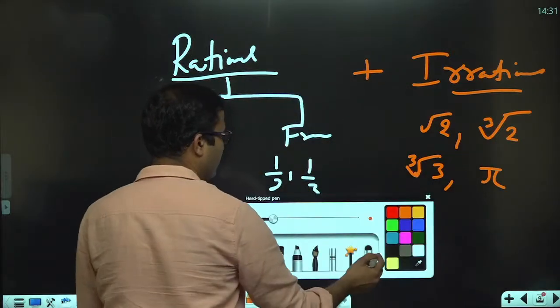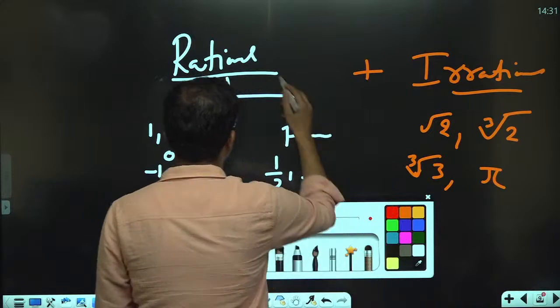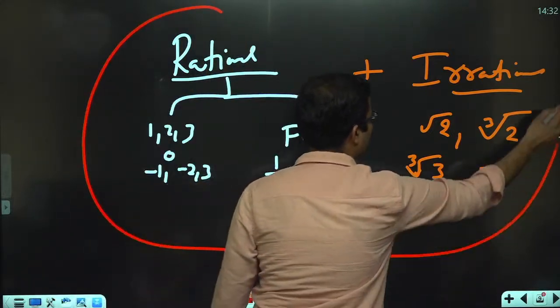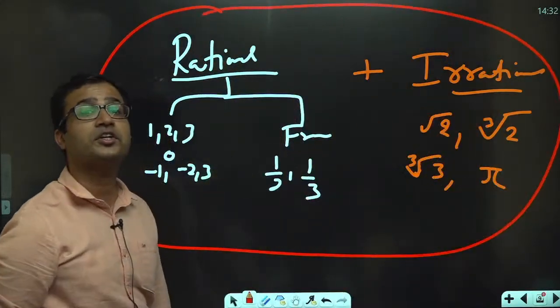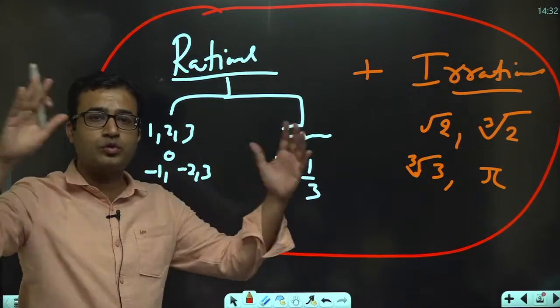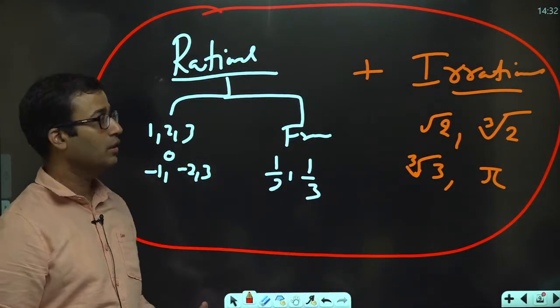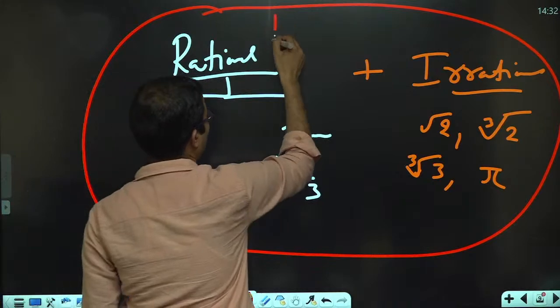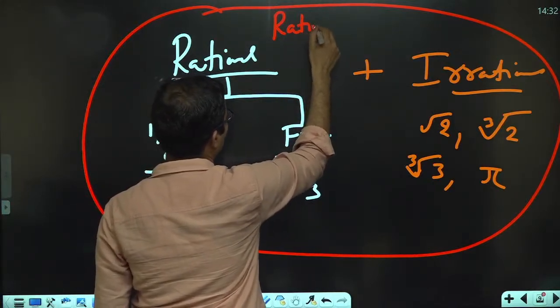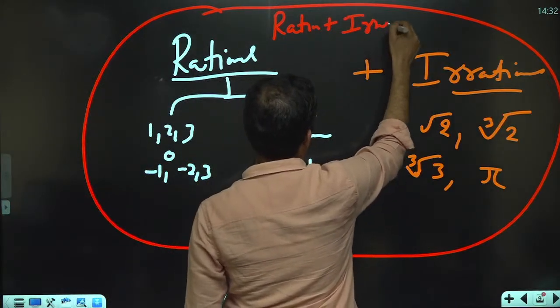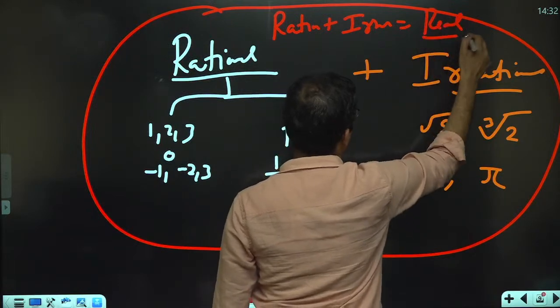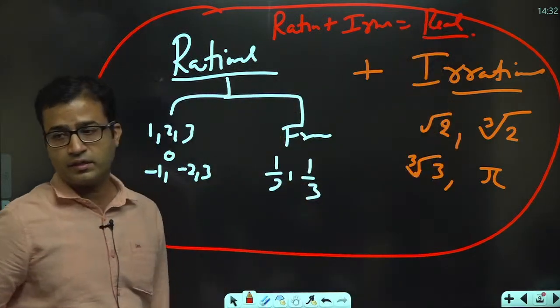Now you tell me, rational plus irrational together, what are these called? Real number. So rational plus irrational is equal to real number. Both together become real numbers.